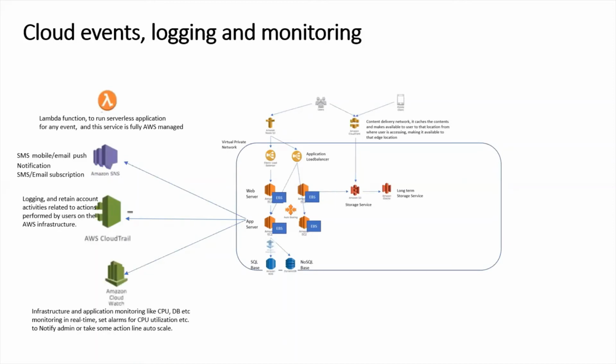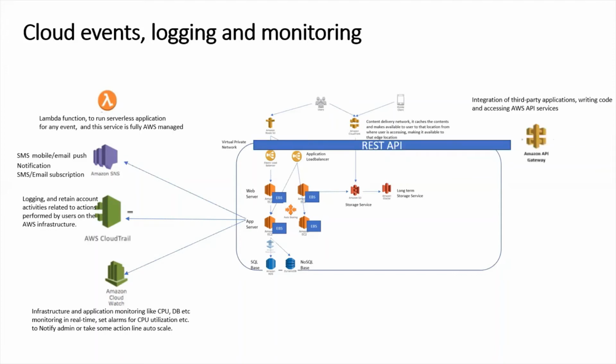And we have CloudWatch for infrastructure and application monitoring, like CPU and database monitoring in real time, and setting alarms for CPU utilization. It can also notify the admin or take action based on scale-in and scale-out policies. That's done automatically. So this is the cloud events, logging, and monitoring use case.